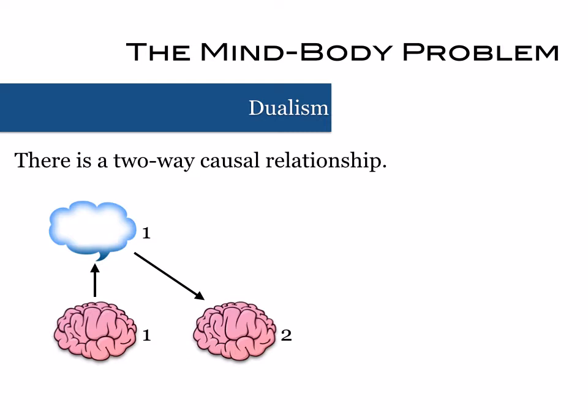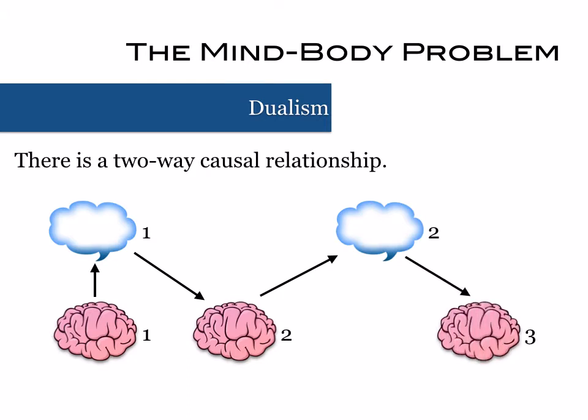And then brain state 2 could cause mental state 2 to happen, whatever that might be, and that can cause brain state 3 to happen. But the big picture is that in the dualist understanding of the mind-body problem, physical states, material states can cause mental states, and mental states can have a causal relationship to material states in the brain.